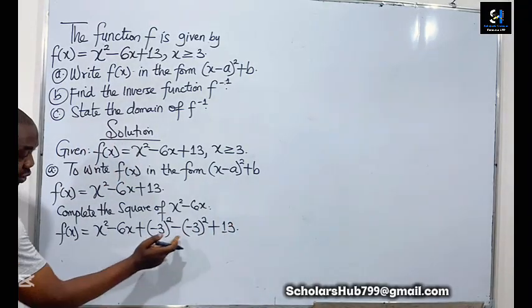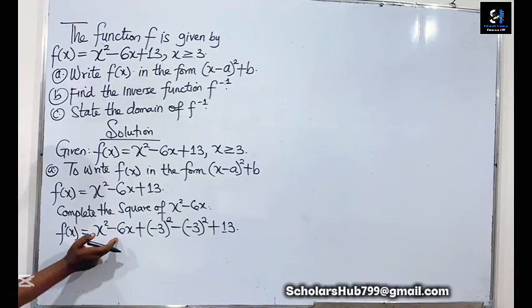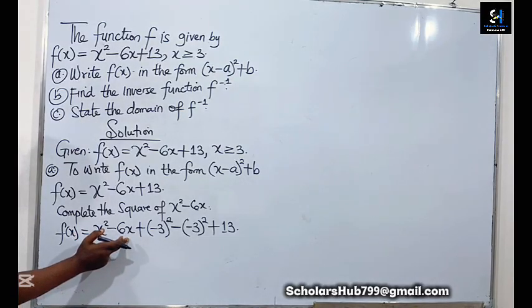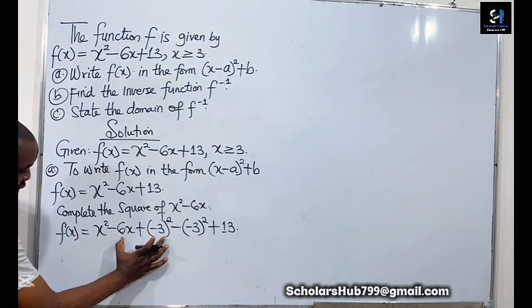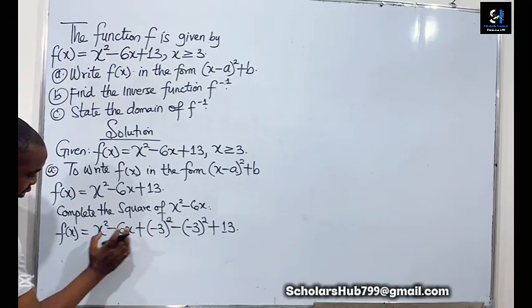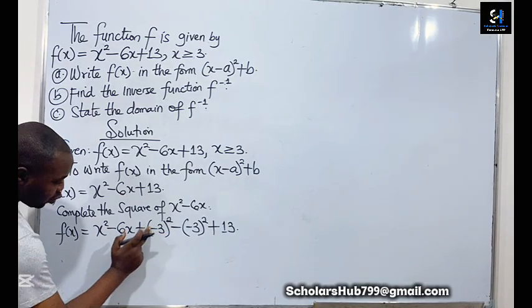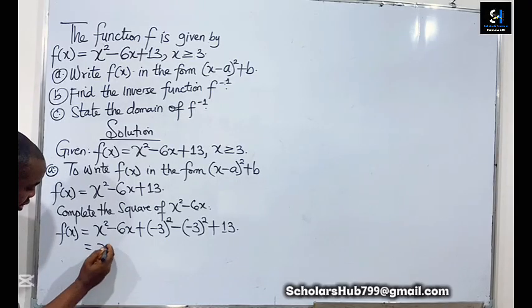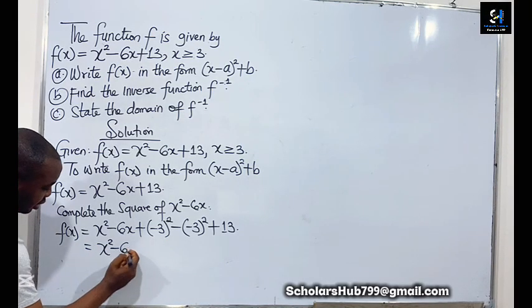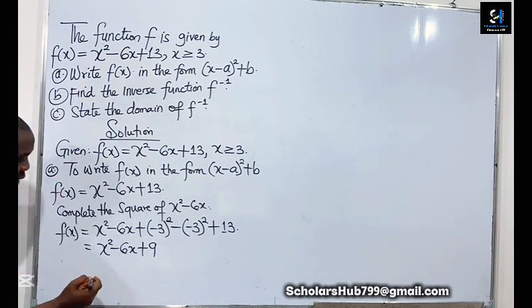Even when we subtract these two, we still get x squared minus 6x. So now I've completed the square, that is x squared minus 6x plus 9.